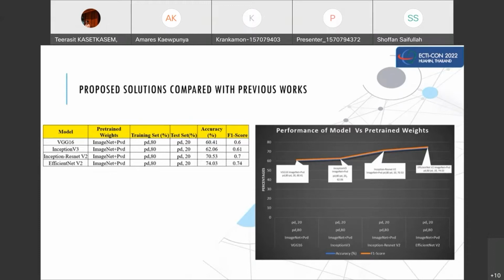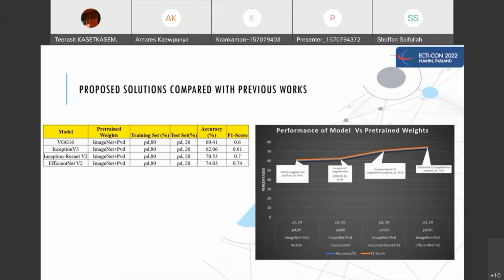The last one is the EfficientNet version 2, which is the proposed solution for this study, with the combination of pre-trained weights, ImageNet plus PVD, and also the 80% training set and the 20% test set of the plant.doc data set.